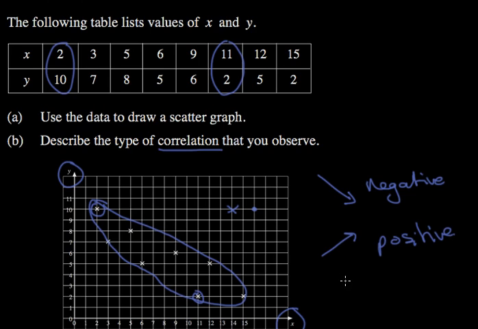If the sausage was really thin, then we say it's strong. And if the sausage was fat, then we say it's weak. So overall, this is a negative, weak correlation. So to answer this, you would say it's negative and weak.